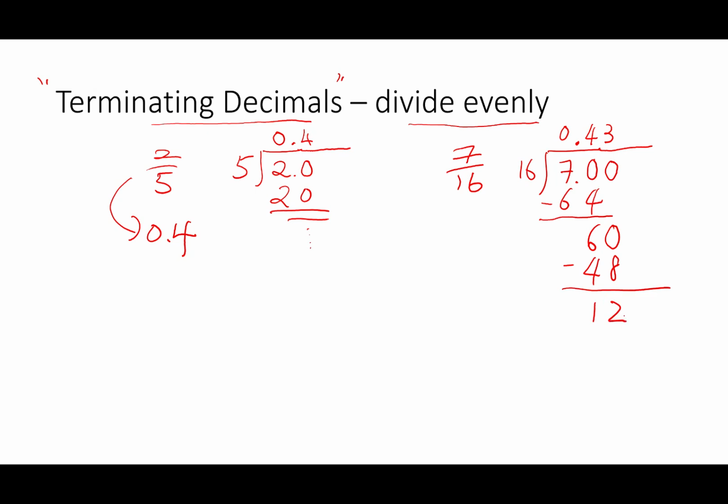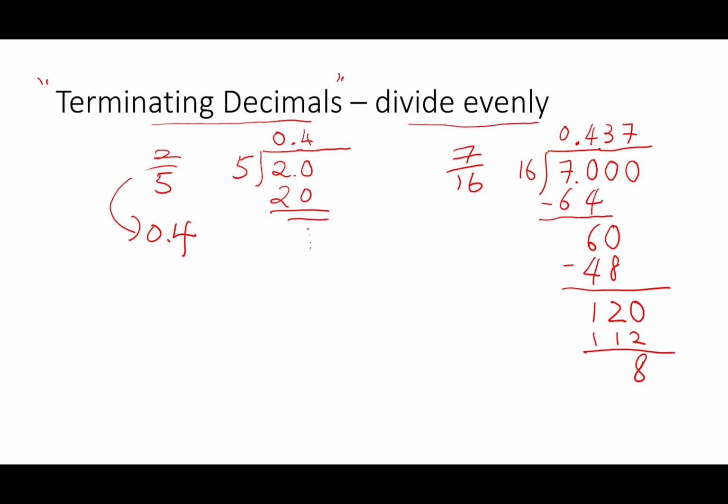Now with 12, we need to continue division again. So the way to do it is to add one more trailing 0 and pull the 0 down, so that 12 now becomes 120, and 120 divided by 16, we get 7.